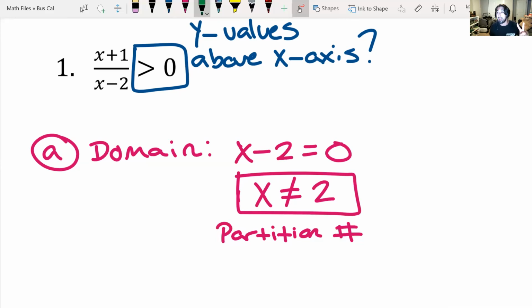Second thing, x-intercepts only come from the numerator. With that being said, to find the x-intercepts, just take the numerator and set it equal to 0. All right, one more time. On a rational function, domain comes from the denominator. X-intercepts come from the numerator. Simple as that.